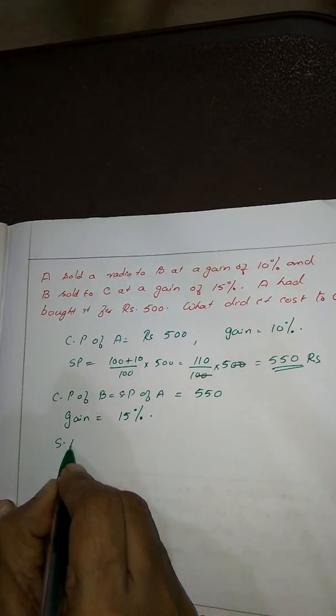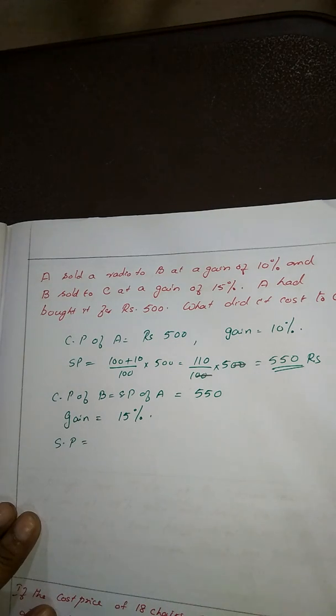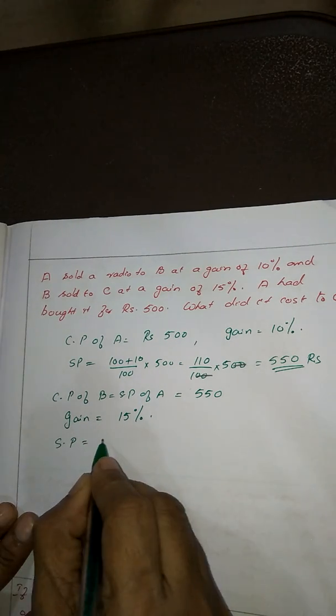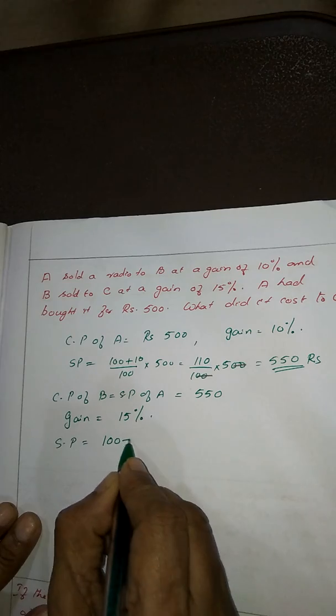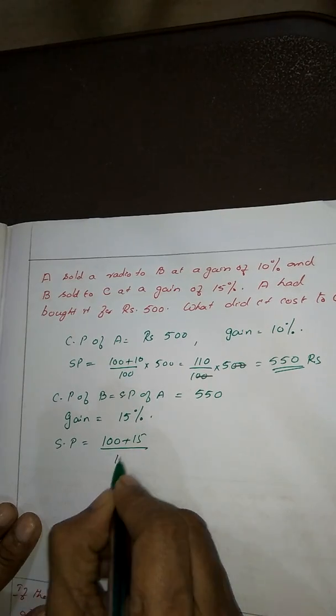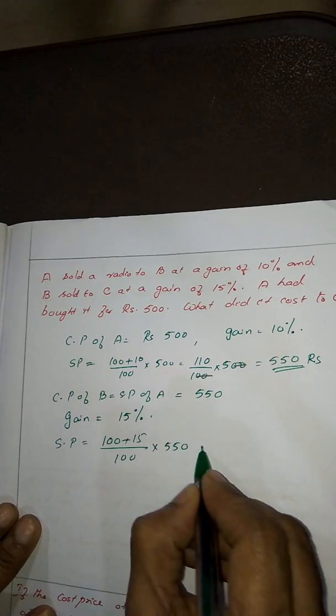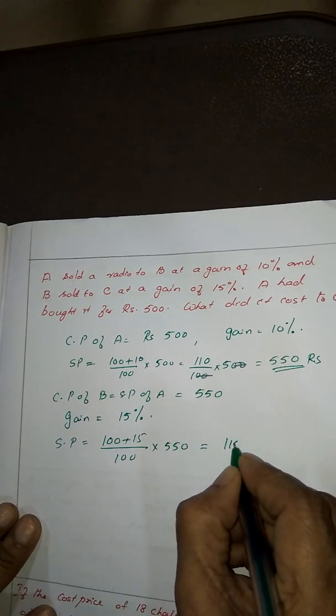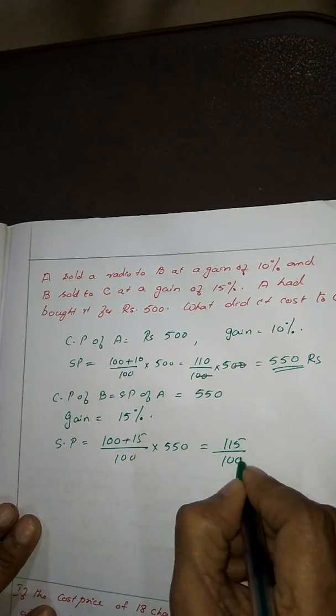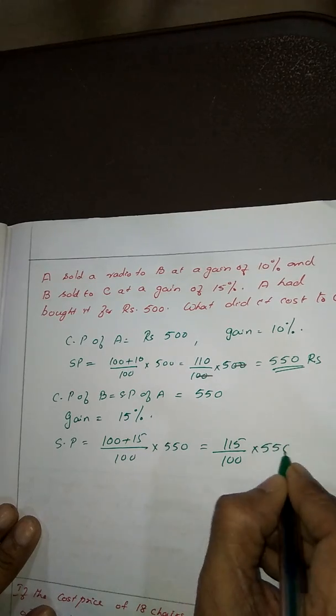So his selling price will be 100 plus gain by 100 into cost price, 550. So this is equal to 115 by 100 into 550.